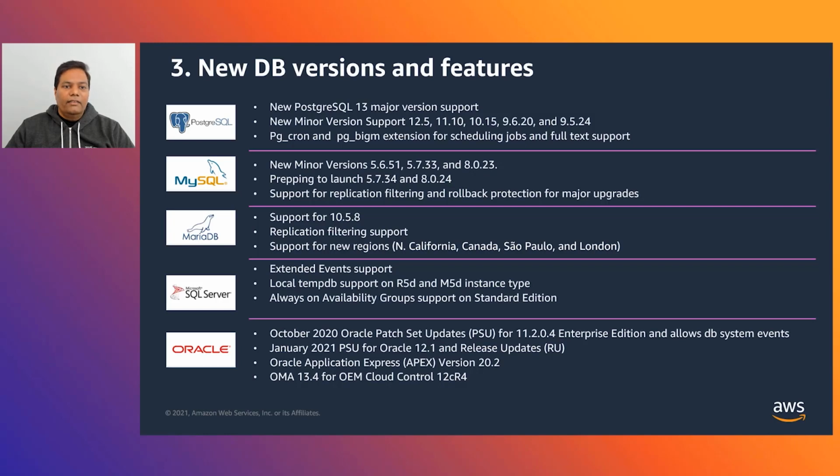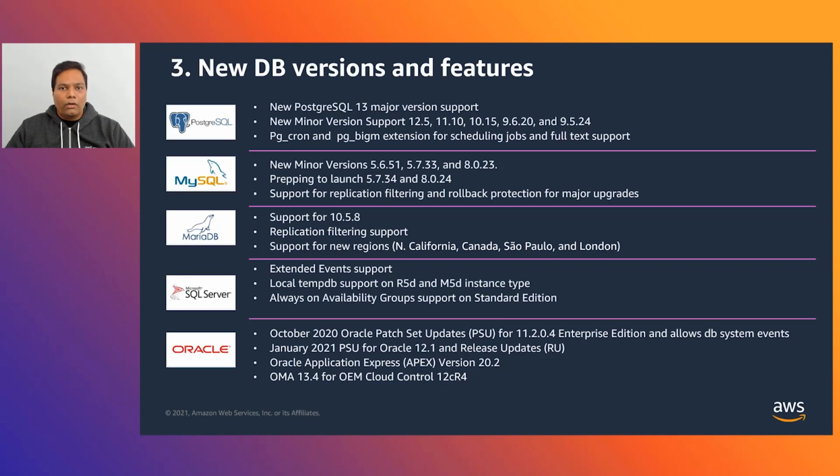R5D and M5D instance types also offer up to 3,600 gigabytes of NVMe SSD-based instance storage optimized for low latency, very high random I/O performance, and high sequential read throughput. When provisioning either instance type, Amazon RDS for SQL Server automatically places TempDB files on locally attached NVMe disks, achieving low storage latencies and improving performance for certain workloads by up to 30% even.